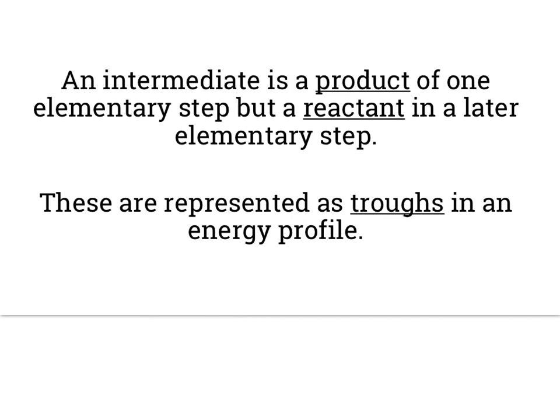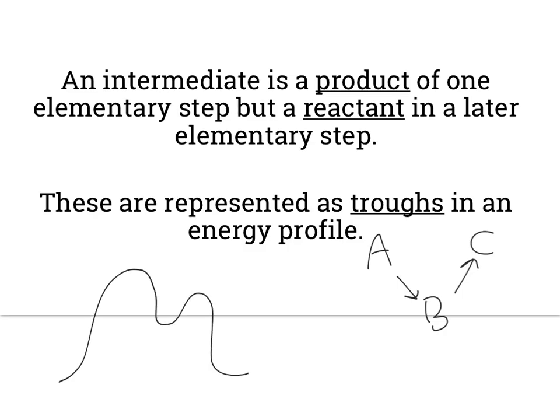An intermediate is a product of one elementary step, but a reactant in a later elementary step. So that means that this is like that B in the original equation from a while ago. It's not really part of our final reaction, but it is an actual step in between these. These are represented as the troughs in an energy profile, which means this is an intermediate. So in this reaction, there's one intermediate.